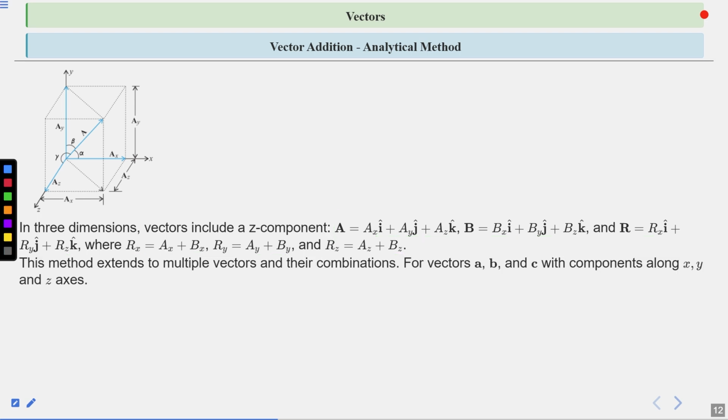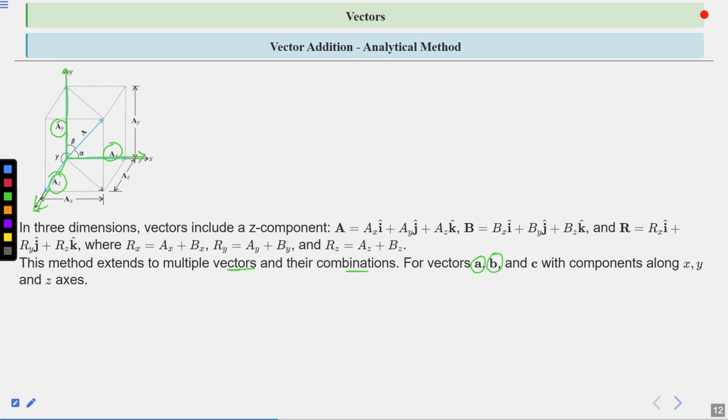This method extends to multiple vectors and their combinations, for vector A, vector B and vector C with components along the x, y and z axes as shown in the figure. Their components are Ax, Ay and Az.